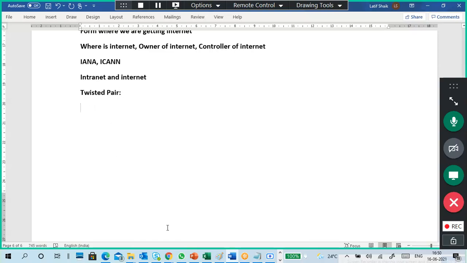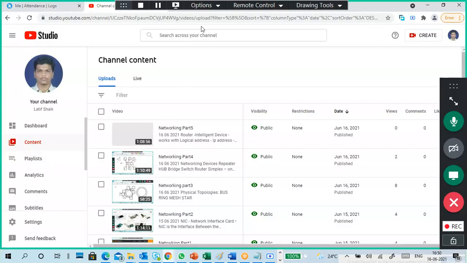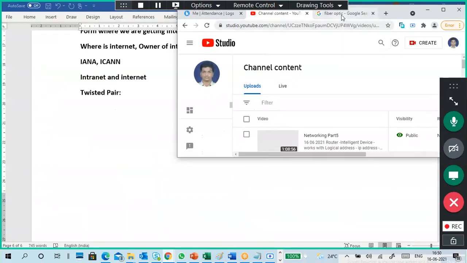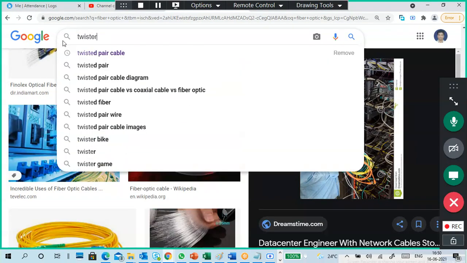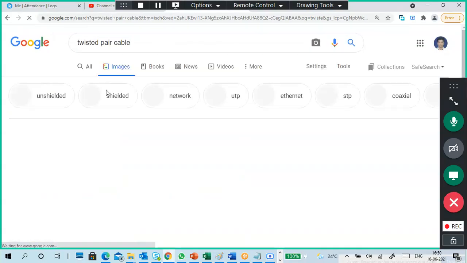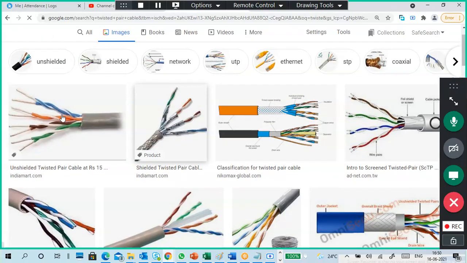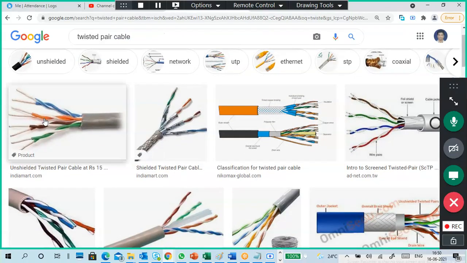So the twisted pair is like this. Twisted pair cables contain copper cables only.